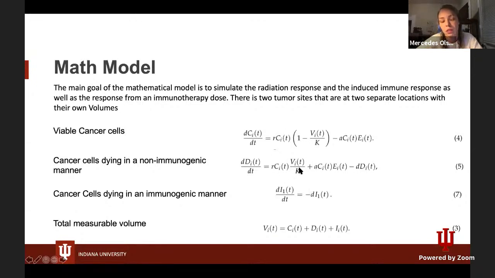And I'll go over these variables again in the implementation aspect. And then there's the cancer cells dying of the immunogenic manner. So basically when the irradiation happens, this is when they die. And then there's a total measurable volume, taking into account the cancer cells and the 2 different dying types of cells. And this is really just the base of it.